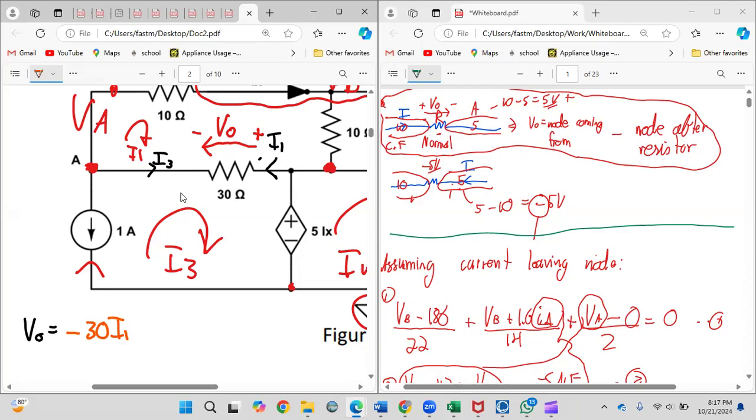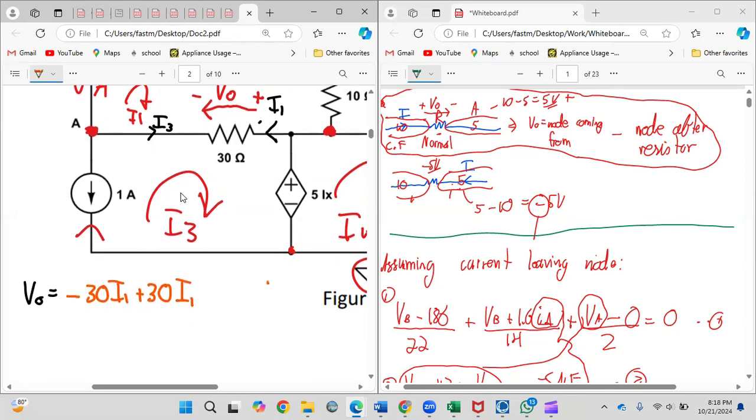And then this I3 will have a voltage rise, as you can clearly see, going from a minus to a plus. So with respect to your assumption, this will have to be a plus 30 I3.